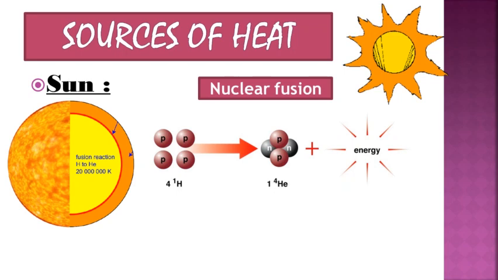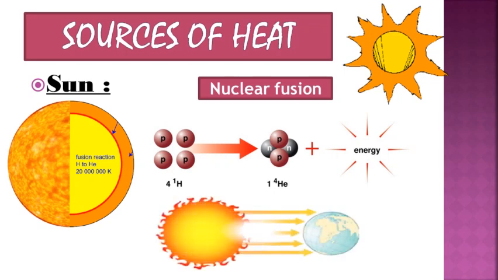And in this process of nuclear fusion reaction, what happens? Hydrogen nuclei fuse together to form helium nuclei, generating heat in this process, and some of it reaches the earth in the form of light and heat. It means in the center of the sun, nuclear fusion reaction takes place, and you can see in the picture also.